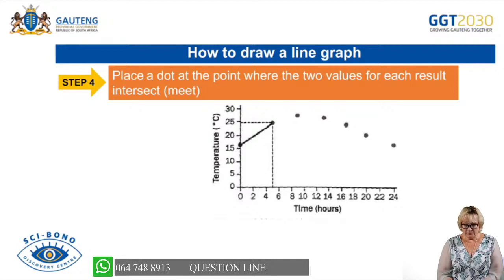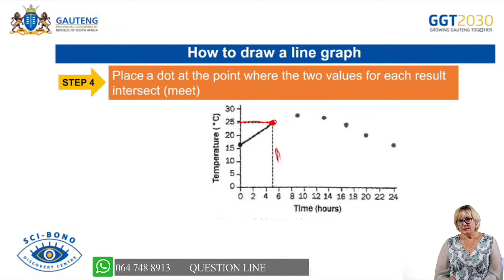You can draw in pencil so that you can later erase them. But where they meet, this one goes straight up and this one horizontally. Where they meet, that is where you put your dot or you plot the point. It's important that you use your ruler. Don't have skew dots, because we're not going to award you marks.